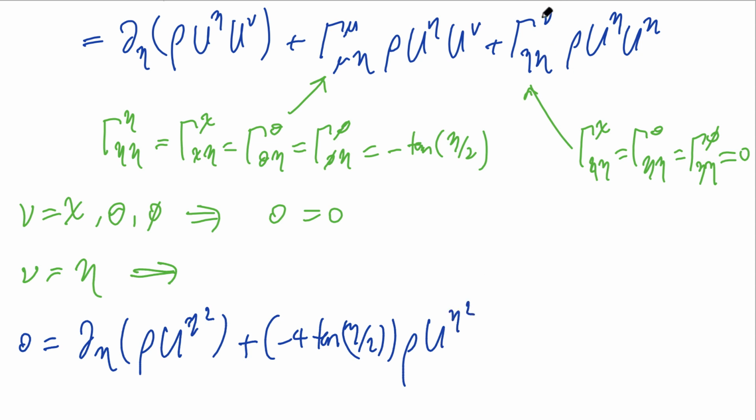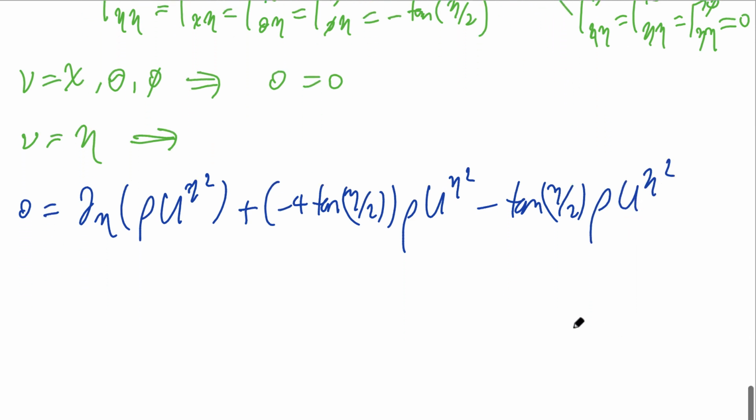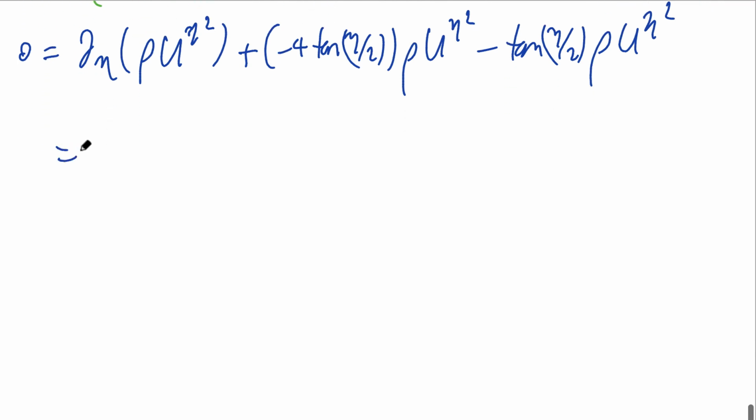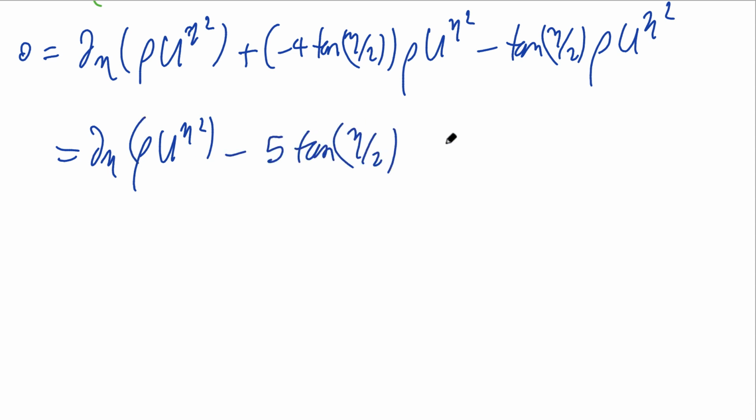And this term with nu equal to eta, gamma eta eta eta is minus tangent of eta over 2 times these factors, rho u eta squared. This, of course, simplifies to partial eta of rho u eta squared minus 5 times tangent of eta over 2 times rho u eta squared.